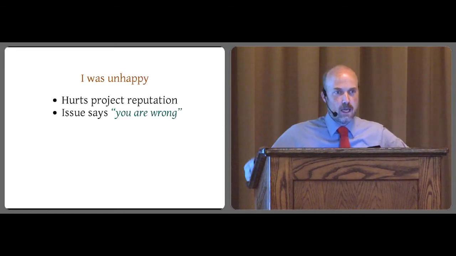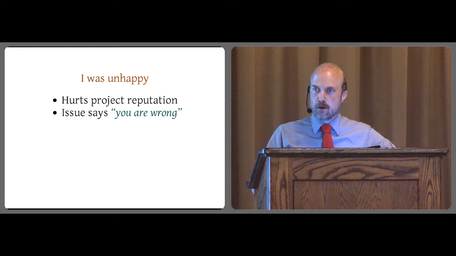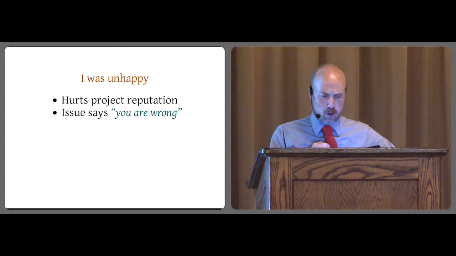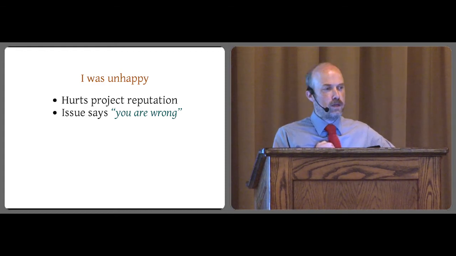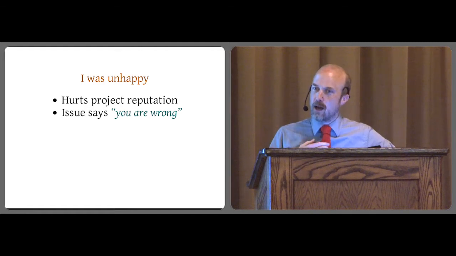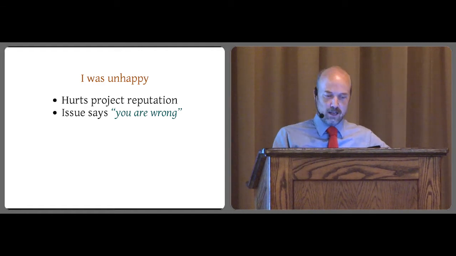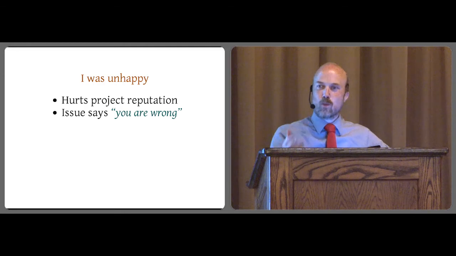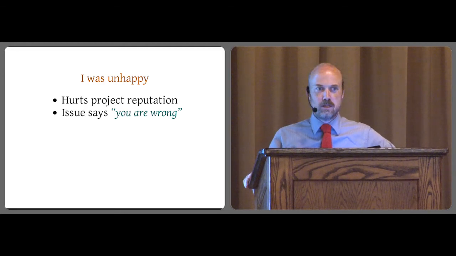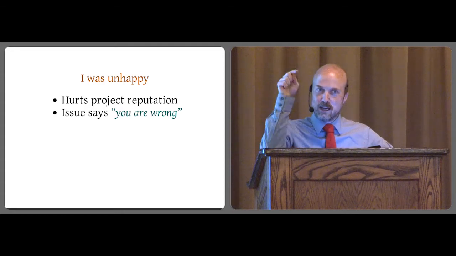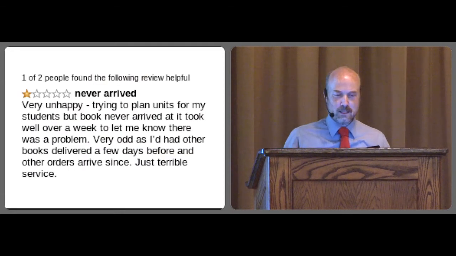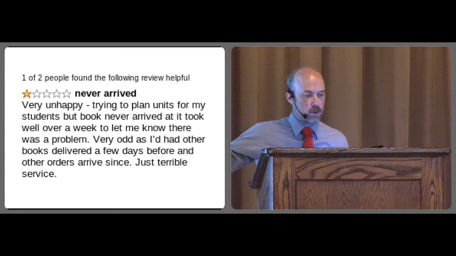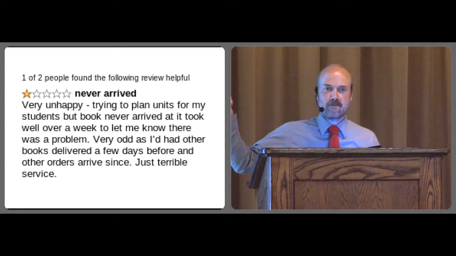I was unhappy. This meant that there was another open issue on my beautiful project. Remember, an issue is a way of kicking somebody online. It's a way of telling them you are wrong. And this person, I was not wrong. Their internet provider hadn't set up Python correctly. It was like an Amazon review where they say, this is a terrible book. It never arrived.